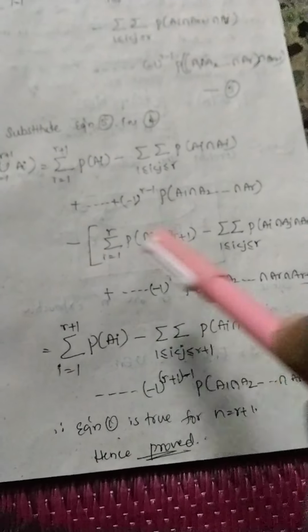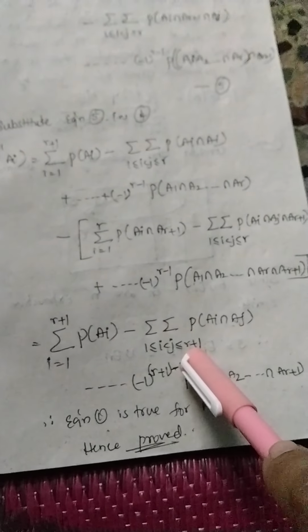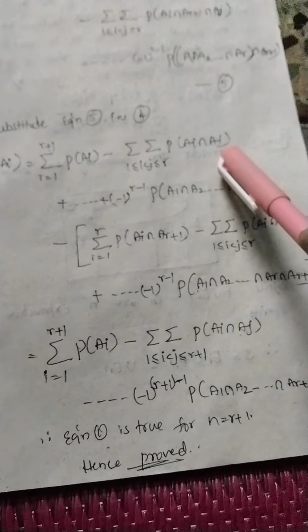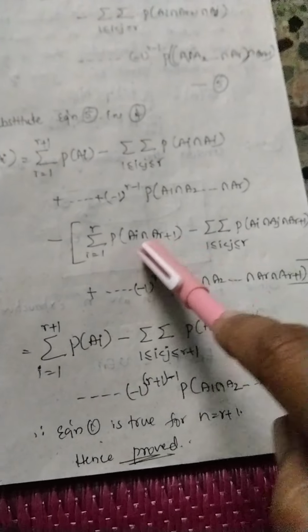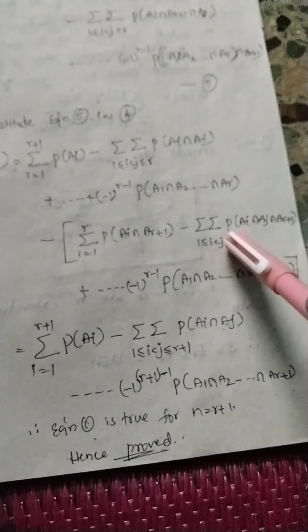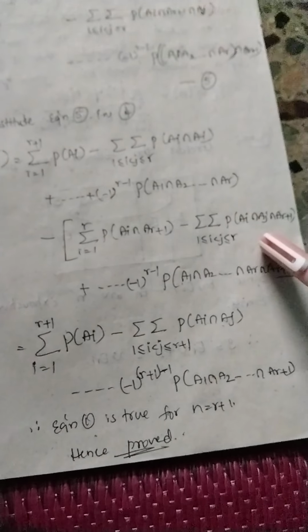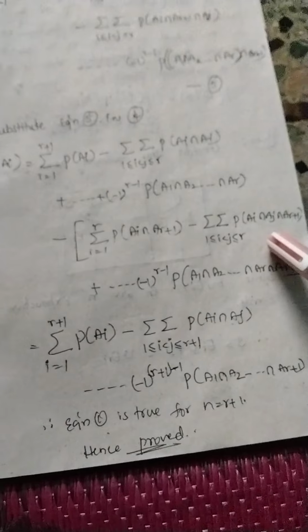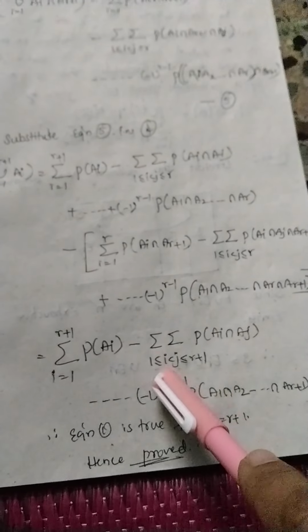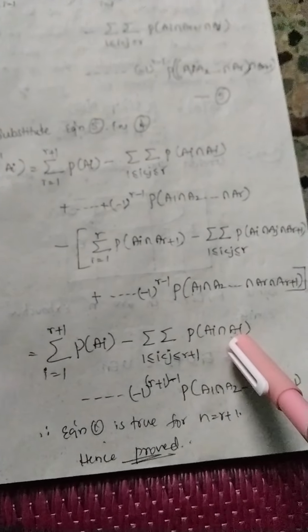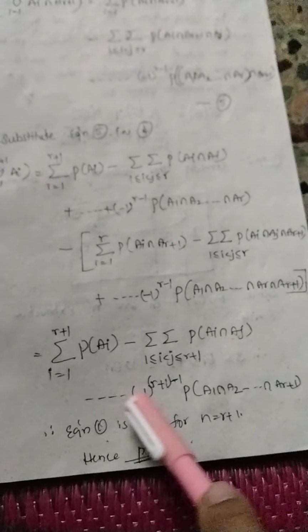So what are you going to write here? Minus double summation, here up to A_j values are there and one more value of j will also be there, that is A_i intersection A_j intersection A_{r+1} terms are there. That's why we are going to write the double summation values ranging from 1 to r+1 for i, j, probability of A_i intersection A_j, and so on.